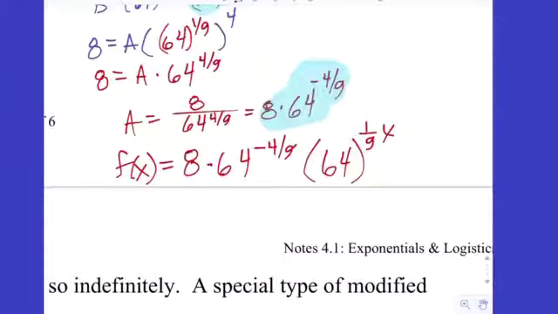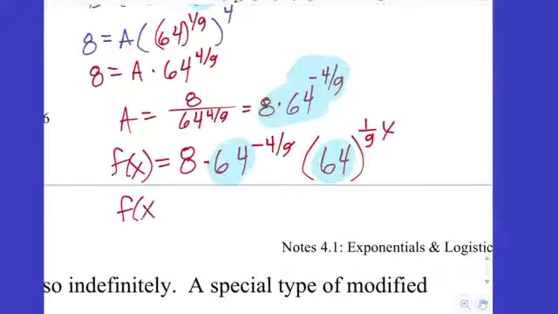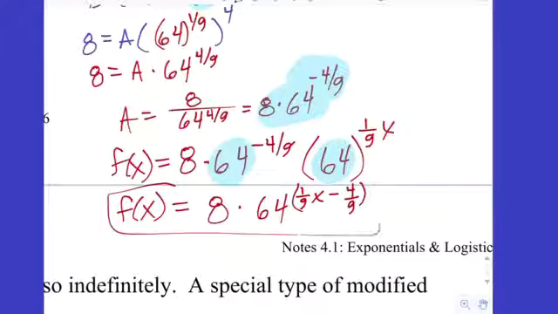And then the last thing we do, and this will work out this way pretty much every time, you can combine the 64s. So you get 8 times 64 to the 1/9 x minus 4/9 power. And that becomes your new exponent. You're multiplying and the bases are the same, so you're adding the exponents.